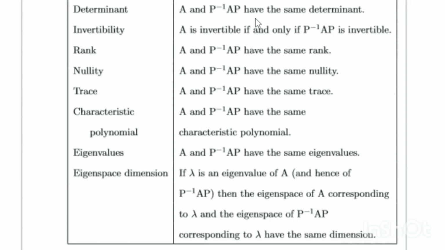A and P inverse AP have the same determinant, and A is invertible if and only if P inverse AP is invertible. Both have the same rank, same nullity, same trace, the same characteristic polynomial and eigenvalues. If lambda is an eigenvalue of A, then the eigenspaces corresponding to lambda are the same in both A and P inverse AP.